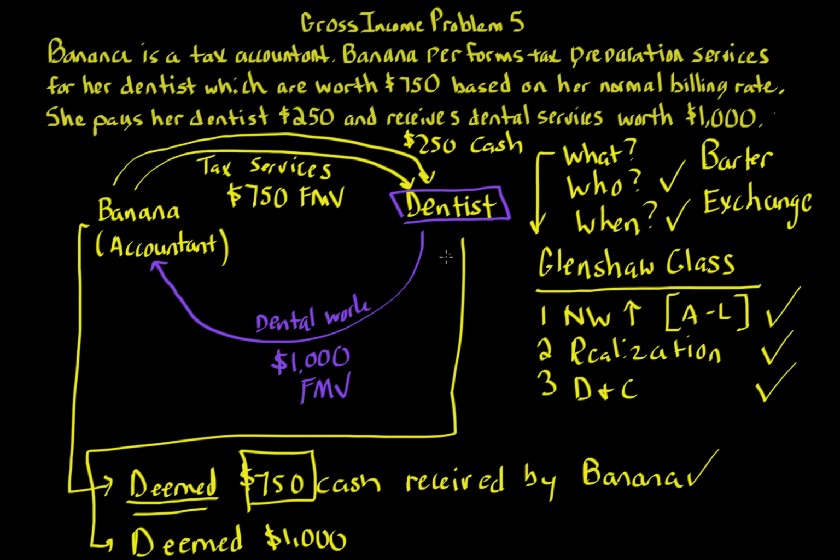Banana would pay dentist $1,000 in cash. So dentist would get $1,000 of cash. Again, we meet Glenshaw Glass, all these things. Boom, we have $1,000 of gross income. So it's a deemed $1,000 of cash received by dentist.